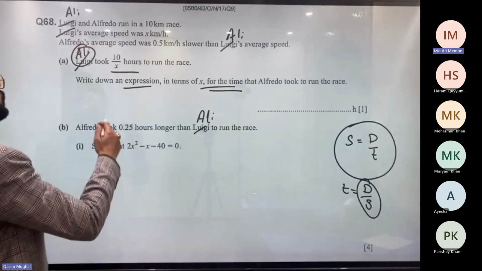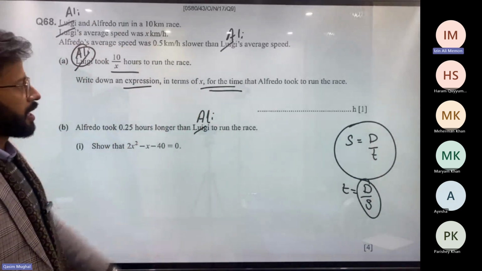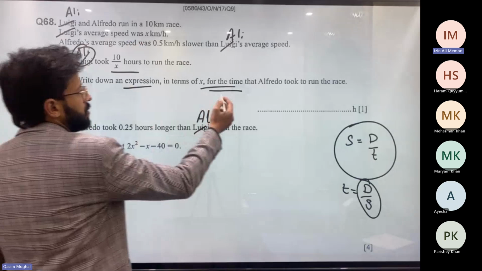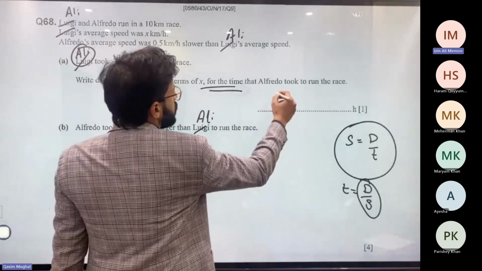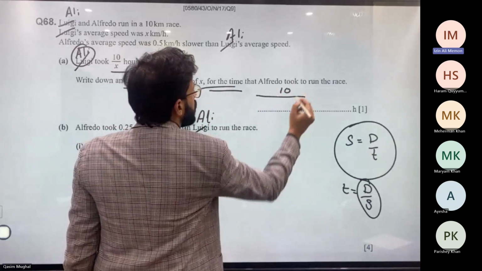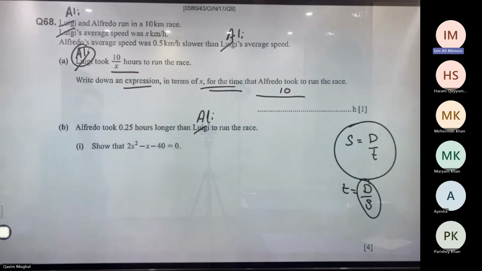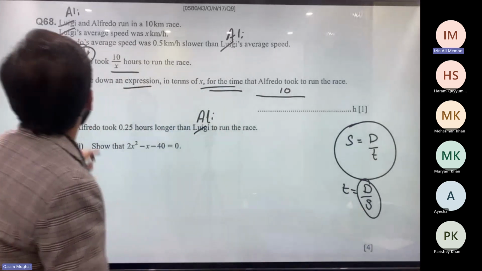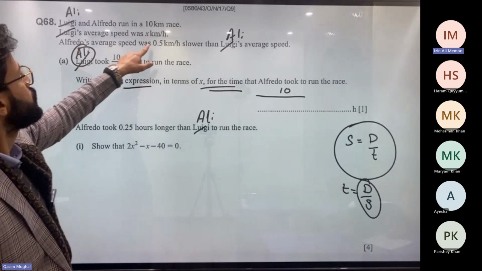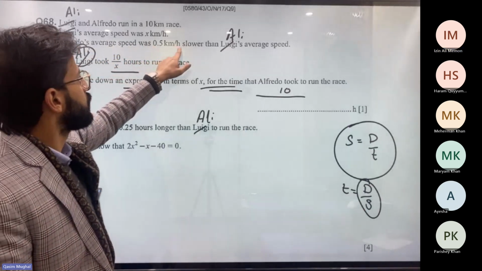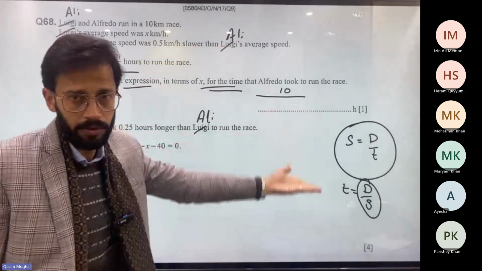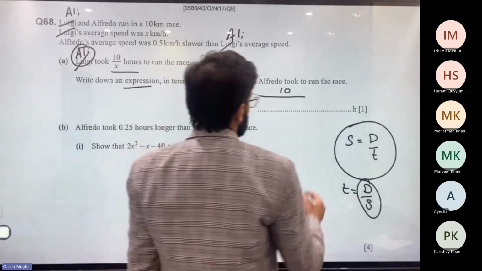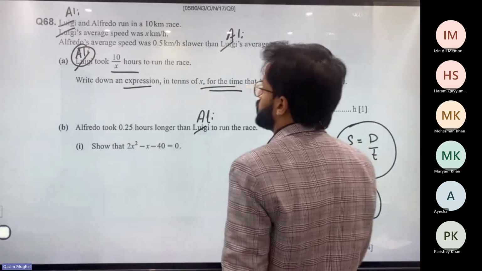Okay. Both of them participated in the 10 kilometers race. So the distance for Alfredo is going to be 10. Now the speed of Alfredo is mentioned here. Alfredo's average speed was 0.5 kilometers per hour less than Luigi. So what was Luigi's average speed?